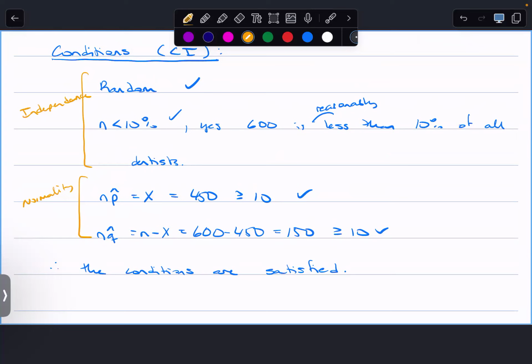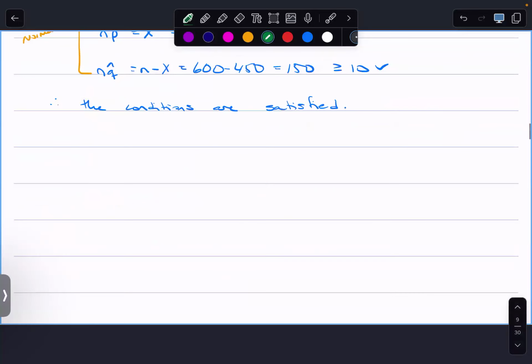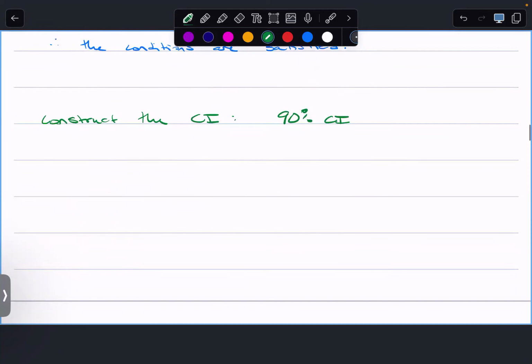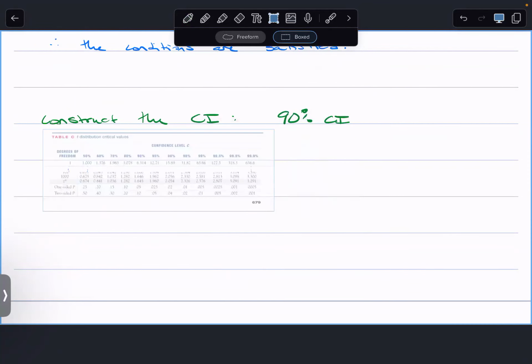Okay. Now for the work, I'll construct the confidence interval. We wanted a 90% confidence interval, which means that from our table, let's see if I can still, yeah, I have it.